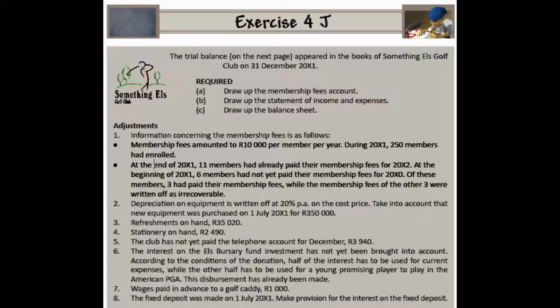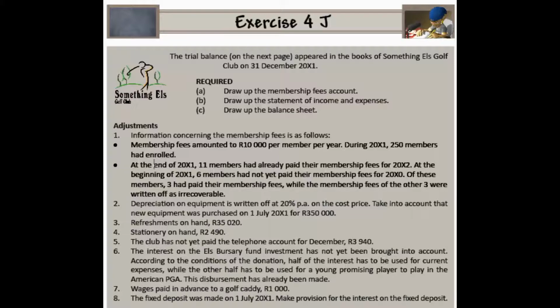The total for stationery was 7350, so you'll have on the debit side of stationery 7350, and on the credit side, consumable stores on hand 2490. Only the difference will be transferred to the income and expenditure account.